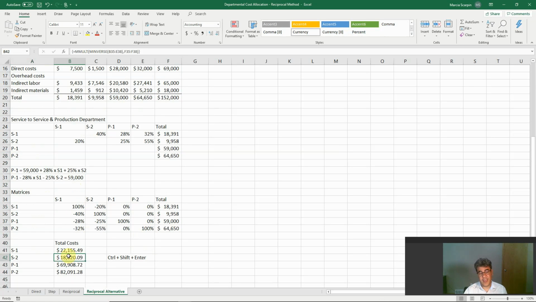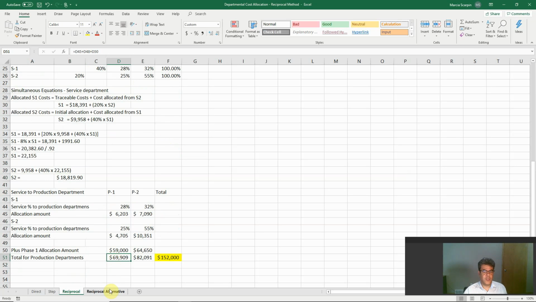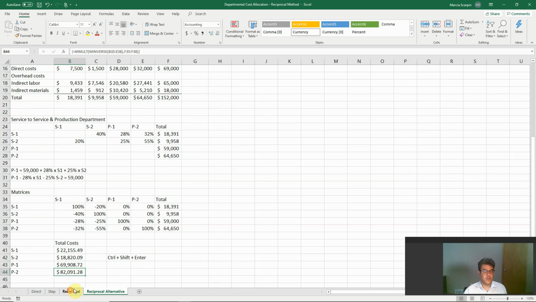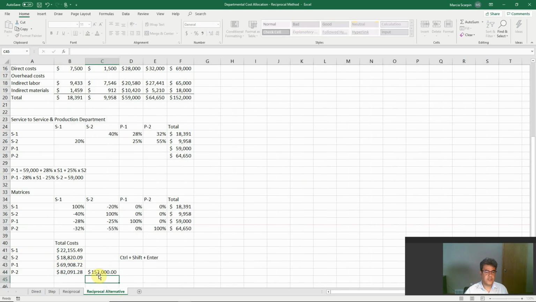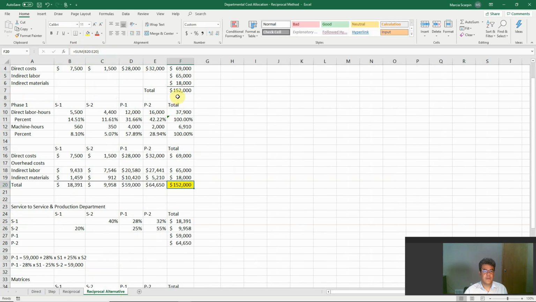So we don't have everything 100% matched. And production 1 here, production 2 here. And if we combine the two production costs, we will have the same 152 here. And we have it.